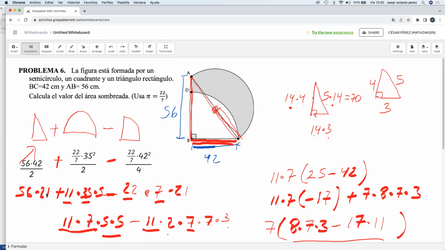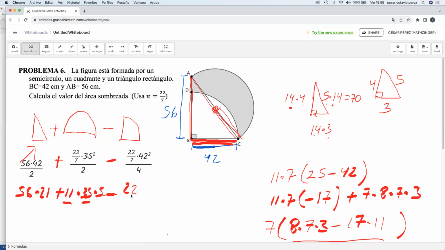56 times 21. This will be 11. 35 times 5. This is 22. 21. This is the problem. 22.